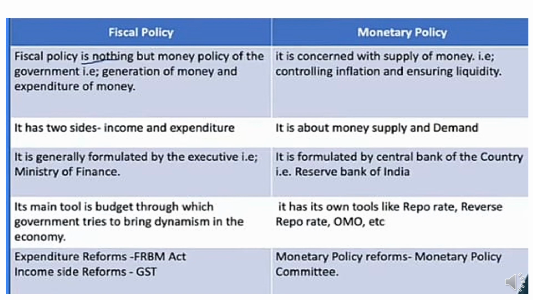Its main tool is the budget through which government tries to bring dynamism in the economy. Expenditure reforms like the FRBM Act, income side reform like GST. This is one type of tax.